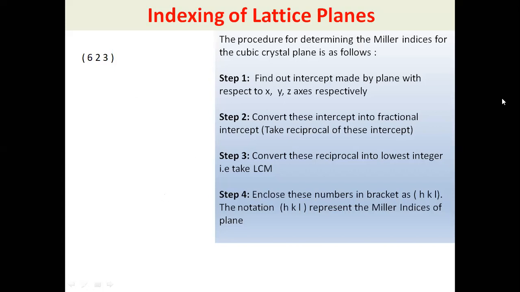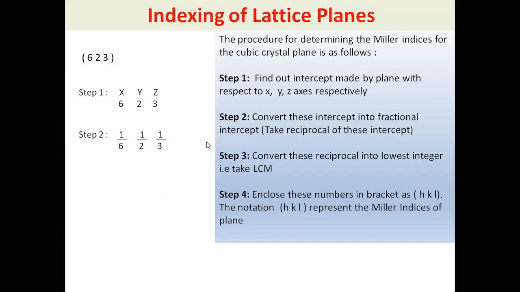So how does it get 1 3 2? 6 2 3 are the intercepts. Take the fractional intercepts: 6 by 1, 2 by 1 and 3 by 1. Then take the reciprocal: 1 by 6, 1 by 2 and 1 by 3. Then take the LCM of 6, 2 and 3, which is 6.